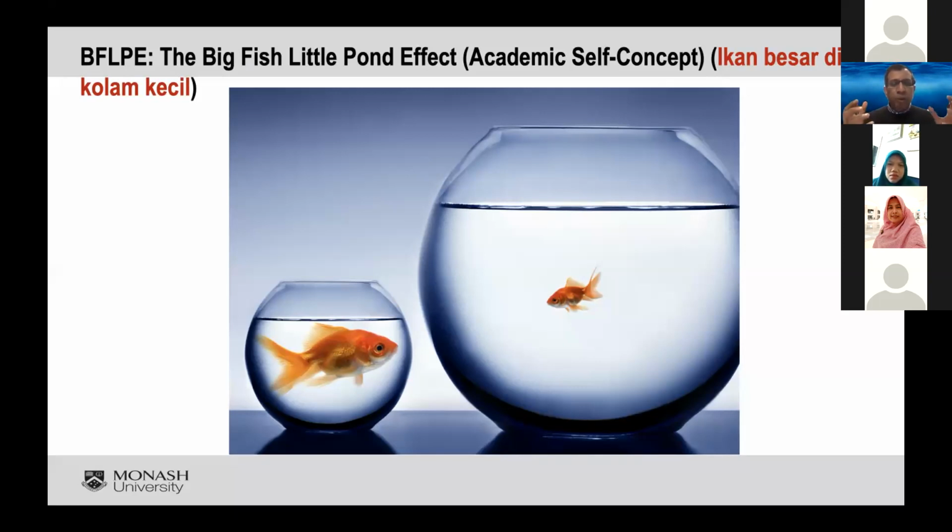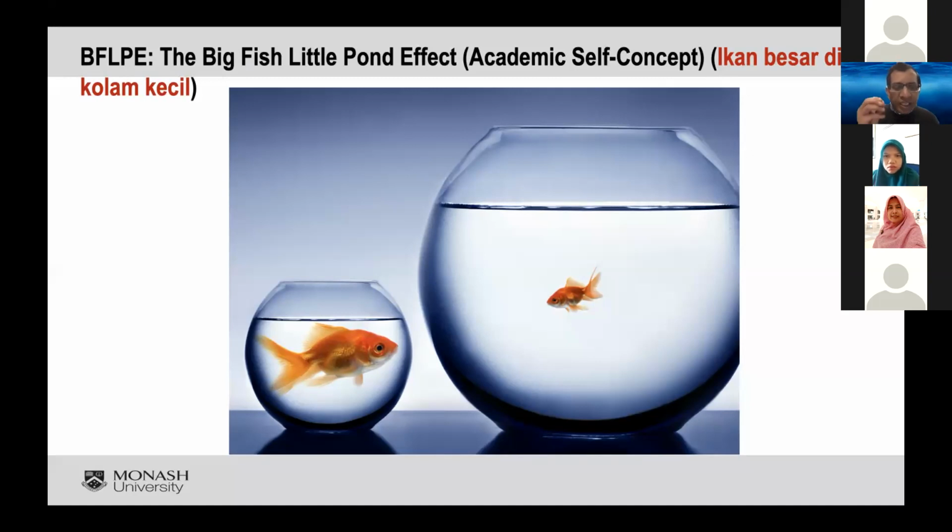The big fish will do much better if it knows it's the biggest. On the other hand, if there is a small fish in a pond where most fishes are big, it will do even poorer. It won't do well because it will think that I am not as big as most other fishes around me. And this is called academic self-concept.